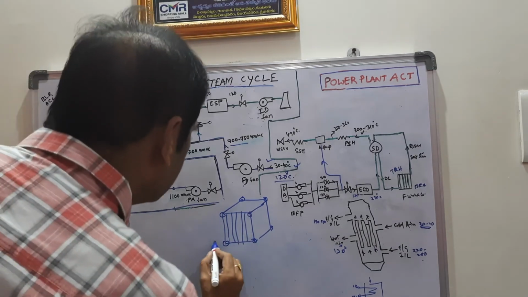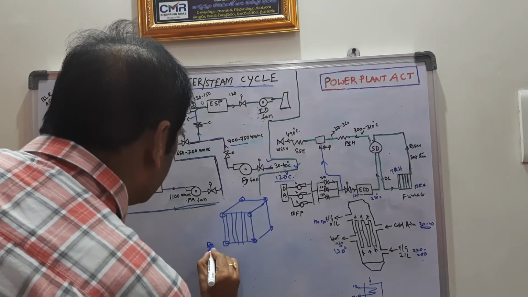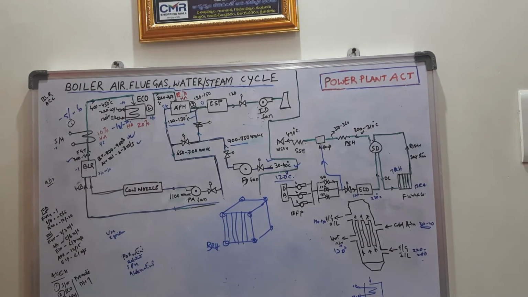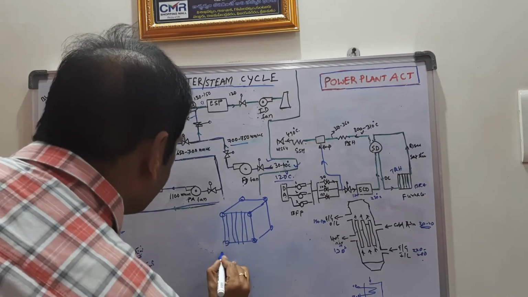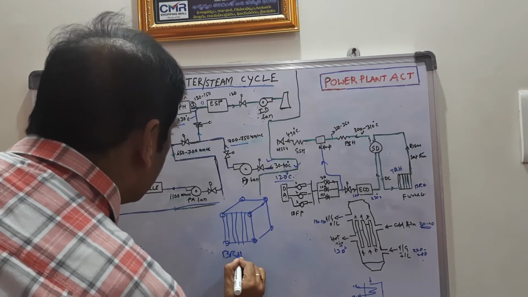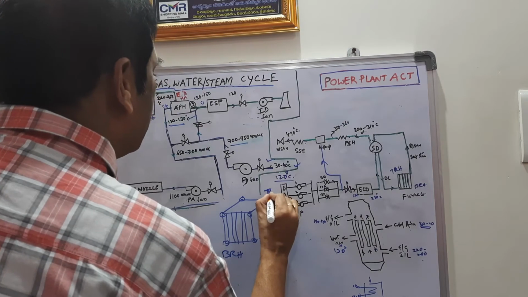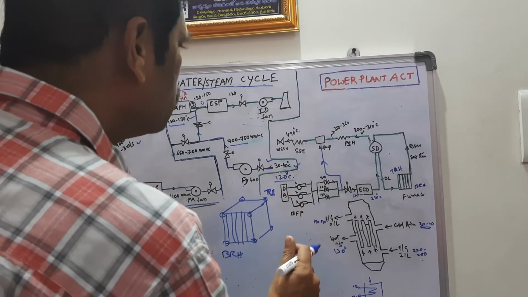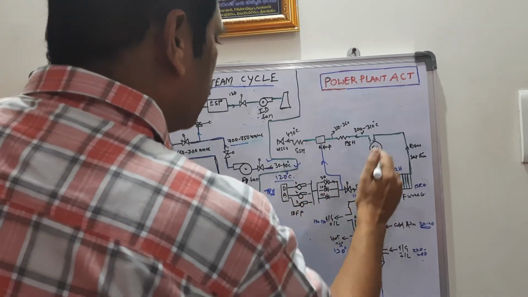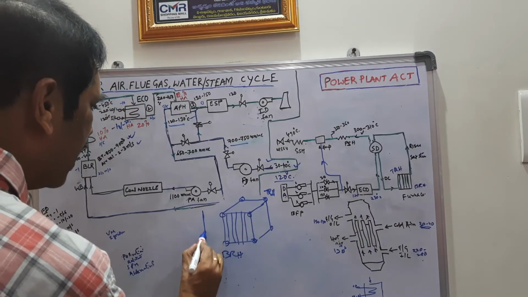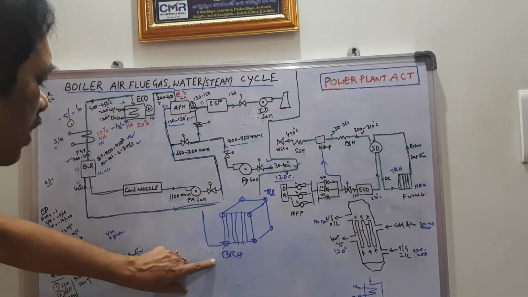Okay, this is the bottom ring header, and this is the top ring header. So water from the downcomer first enters the bottom ring header.